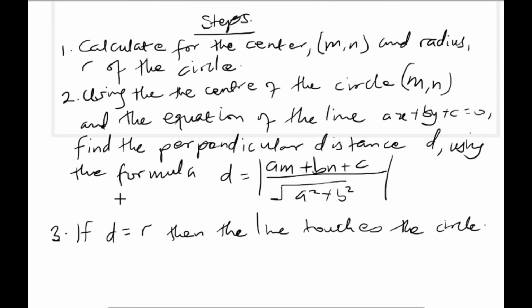So we conclude that the line is a tangent to the circle. We take an example quickly to verify what we are saying, and then we use the second method to solve the same example for us to see that they have the same answer.